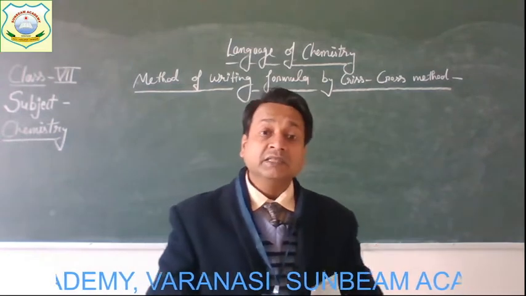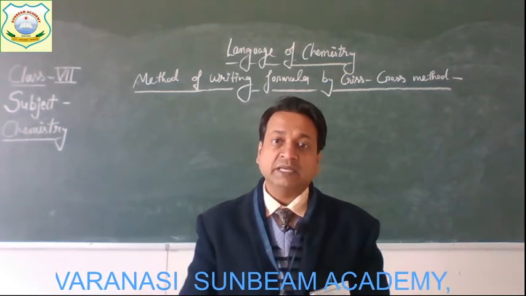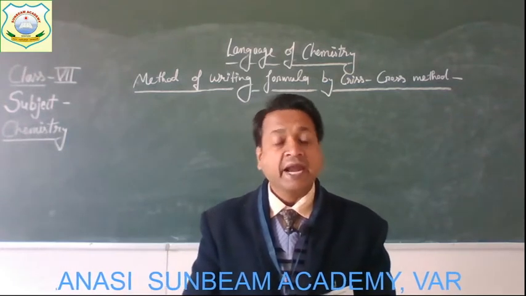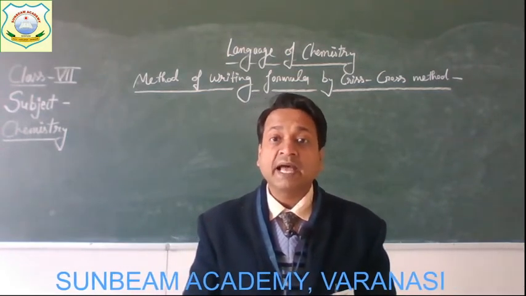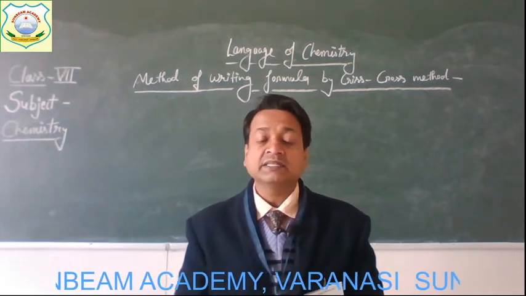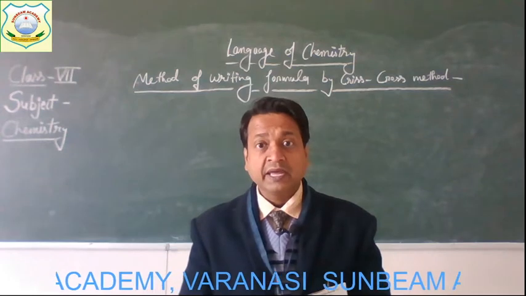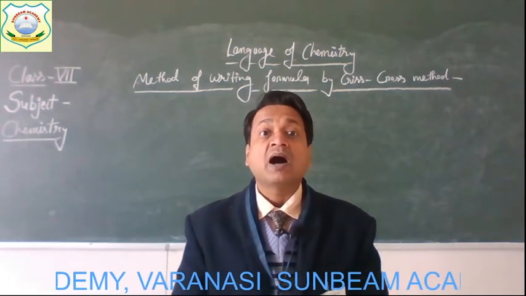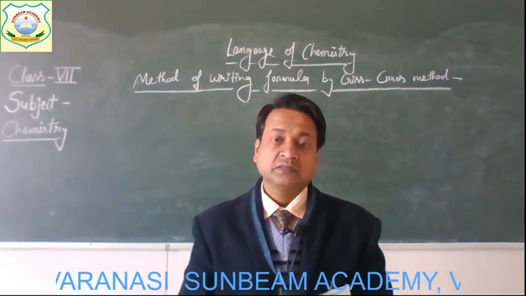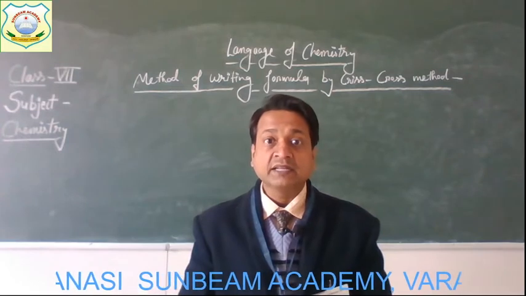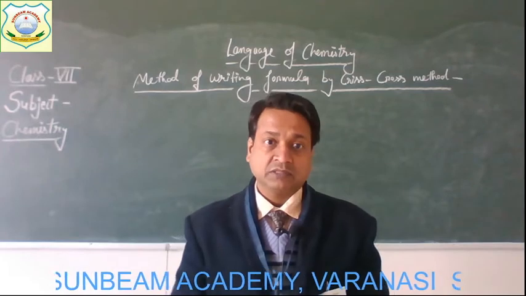In the formation of a chemical compound, combination takes place between the positive and the negative radicals in such a way that the product of valency and the number of radicals is the same for both the radicals. Thus, to write the formula of a compound, we proceed in two steps.